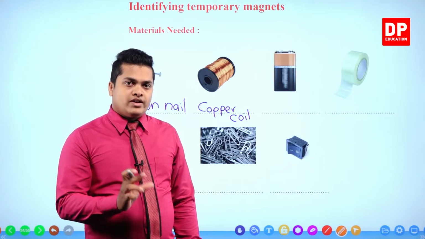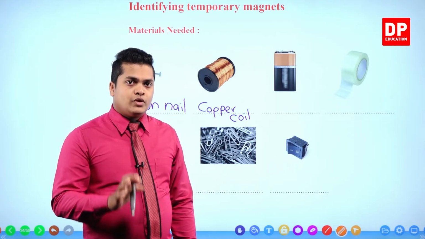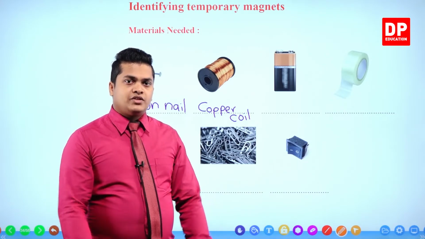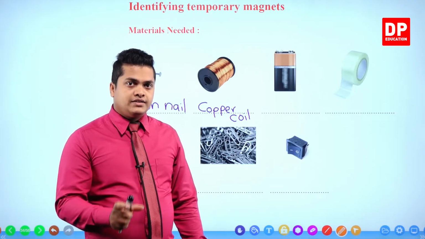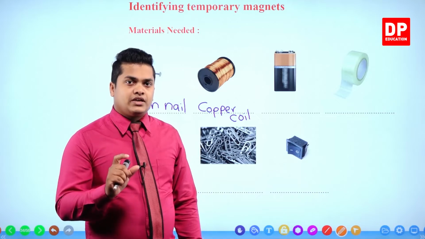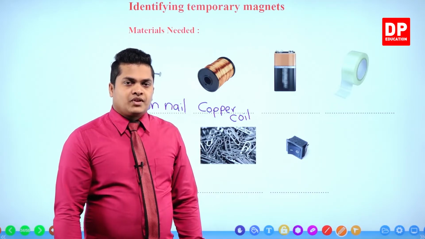The distribution wires that run in your house to provide electricity are also made of copper, but they have a PVC covering, or a plastic covering in simple terms.